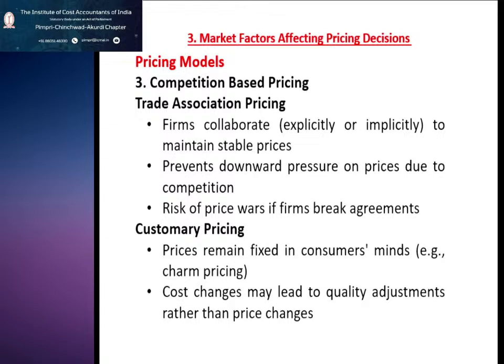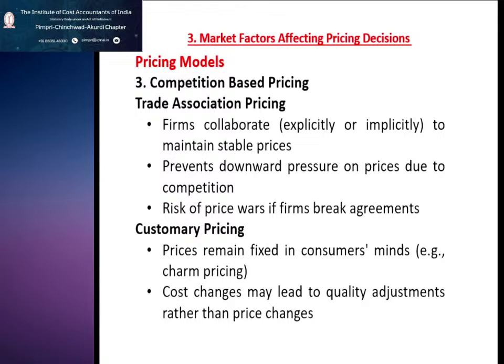So there are chances that whoever is associated with the trade association may break the agreement, and that leads to the risk of price wars between the members of the trade association. So this is the third category of competition based pricing, which is trade association pricing.